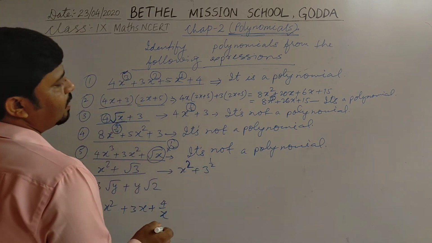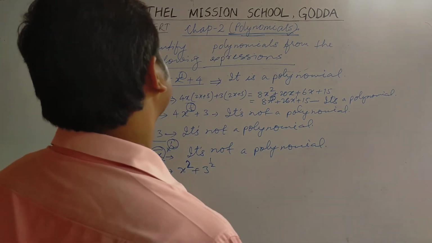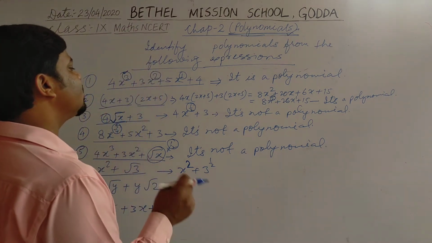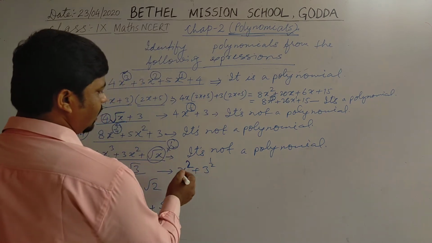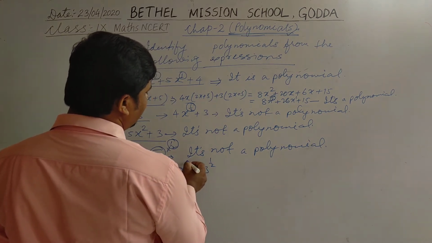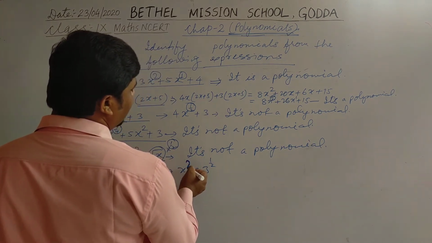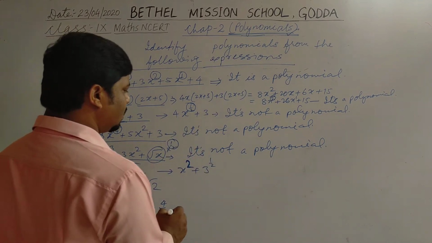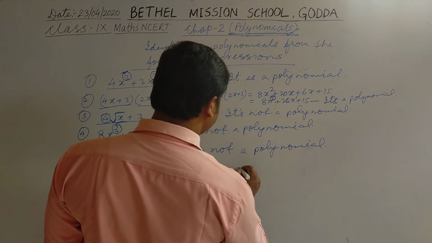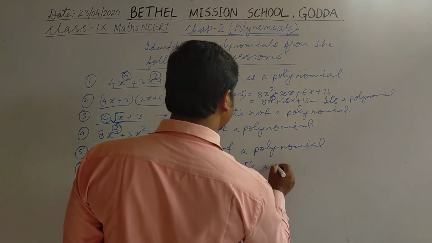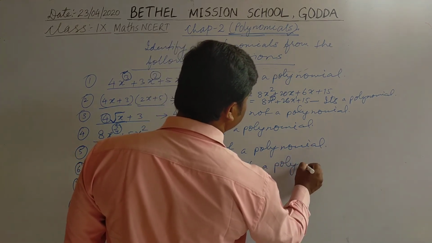Power should be positive and integral in the variable only. If the power is positive in the variable and integral, then it will be a polynomial. So this is also a polynomial. It's a polynomial.